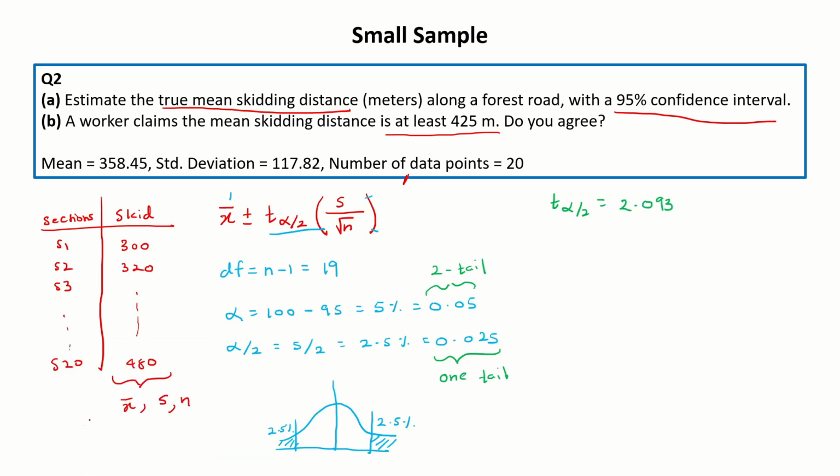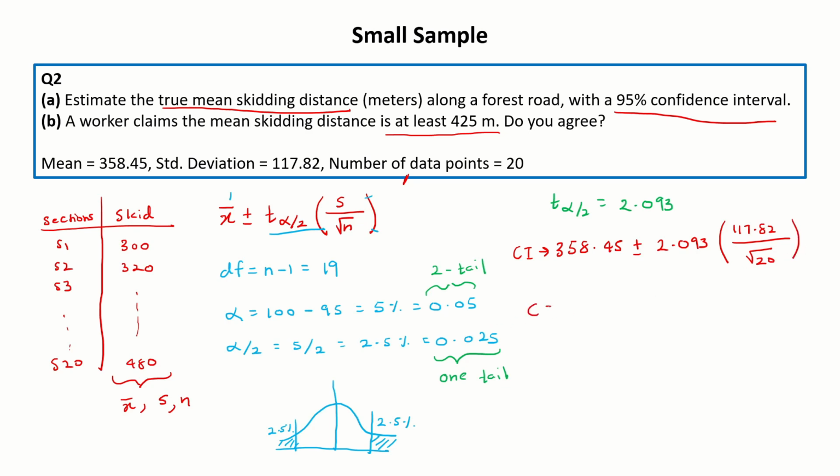I can now go ahead and formulate the equation. So x bar is 358.45 plus minus 2.093 times the standard deviation, which is 117.82, divided by the root of 20.